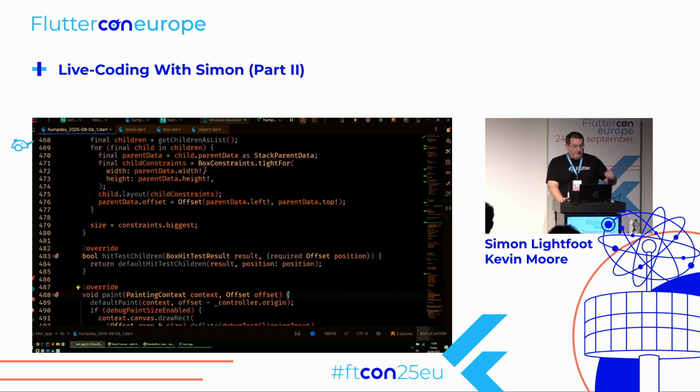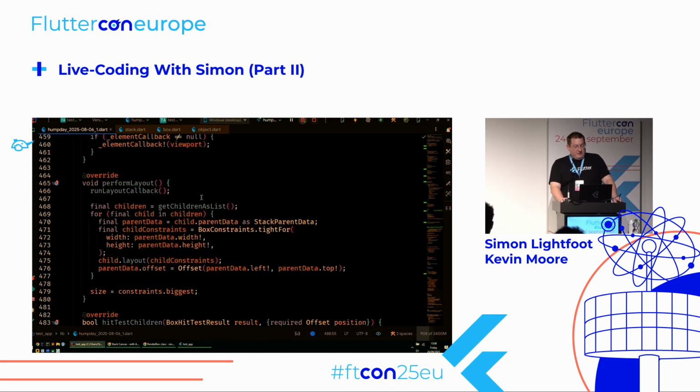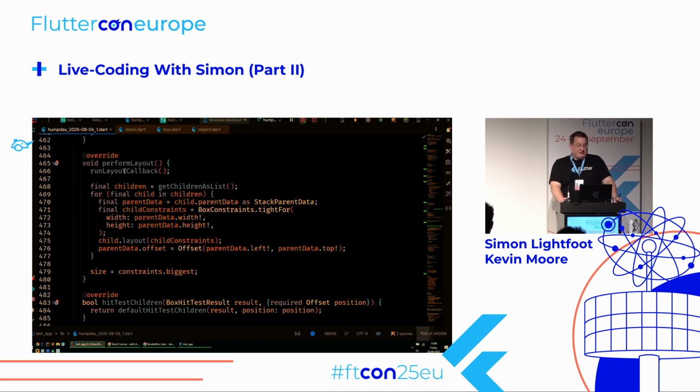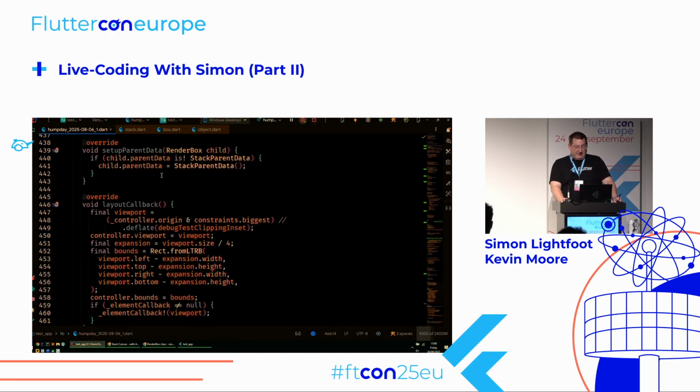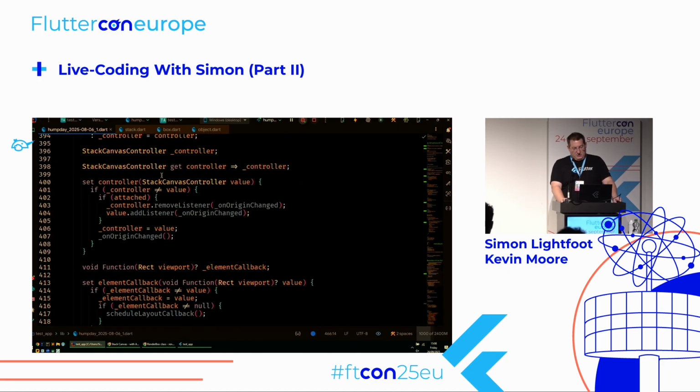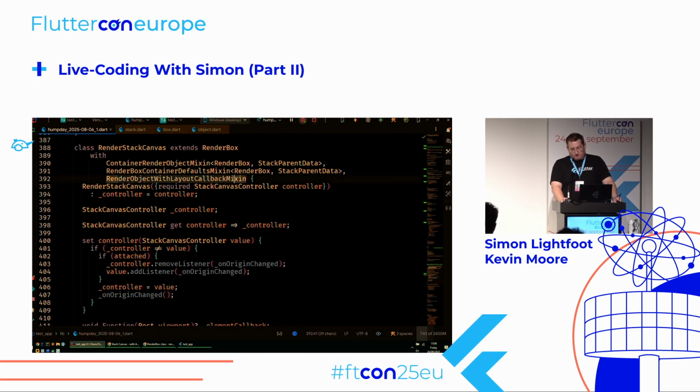You might have noticed that at the beginning of perform layout it says run layout callback. This is the other mixin that we have in here, and it came from Layout Builder and Render Layout Builder, how that works. This mixin does this layout callback to the element. So in short, our stack canvas goes through its layout pass.